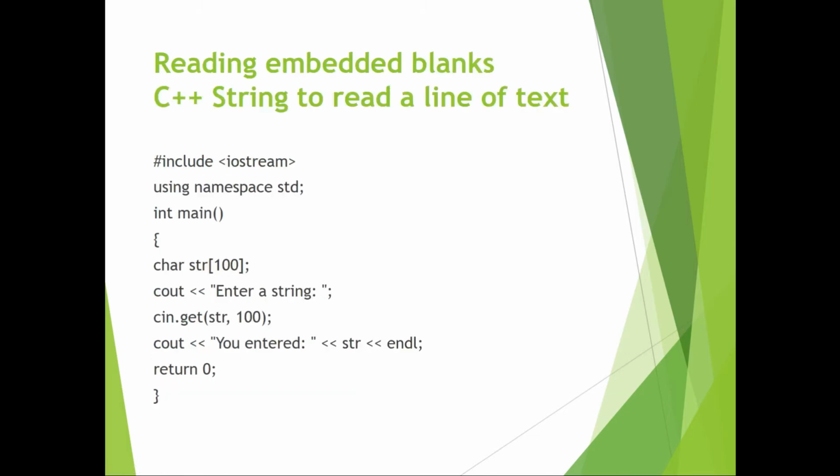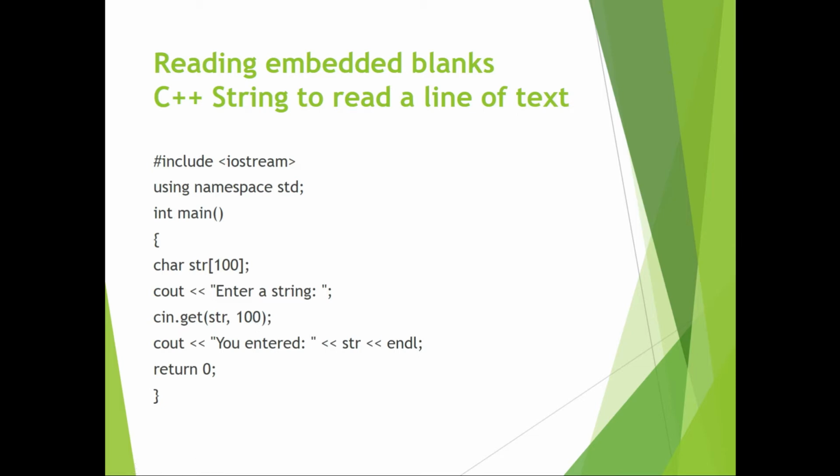Now, if I want to read a line with spaces, for example, C++ space programming, in that case, my cin won't work. In that case, I use cin.get, and you have this particular string and the size can also be entered.